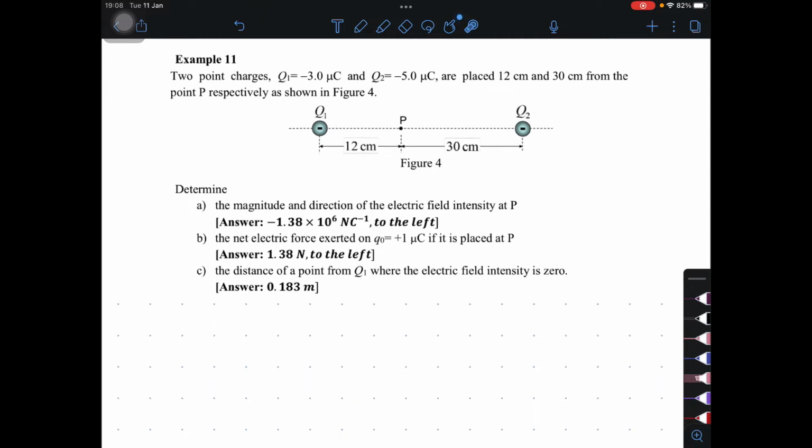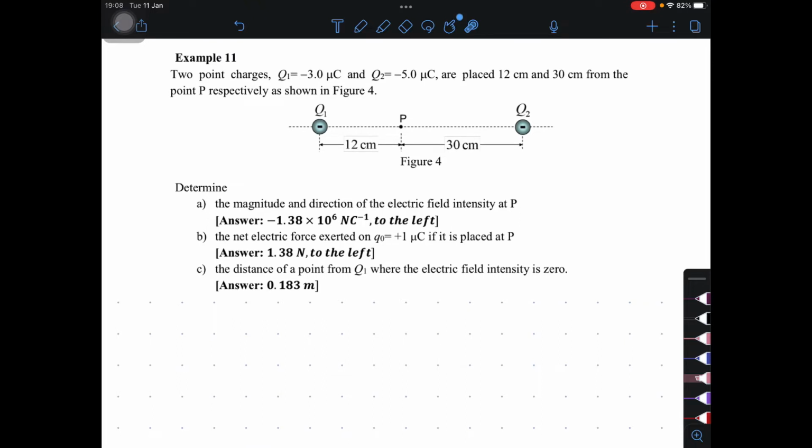So as usual, the first thing you need to do is determine the direction first. Since we want to find the magnitude and direction at point P, we need to find the direction from Q1 to point P, and then point P relative to Q2.